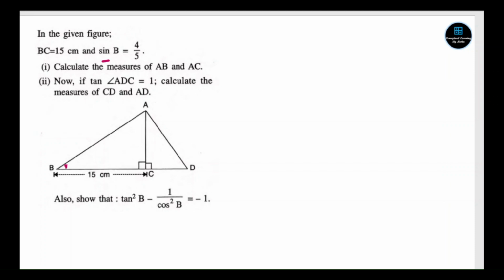The given thing is sin B and BC value. When B is the reference angle, sin B is AC to AB, and this value is given as 4 over 5. So I'll take this as 4x over 5x. Now I can apply the Pythagoras theorem to find the value of x. AB square equals AC square plus BC square.